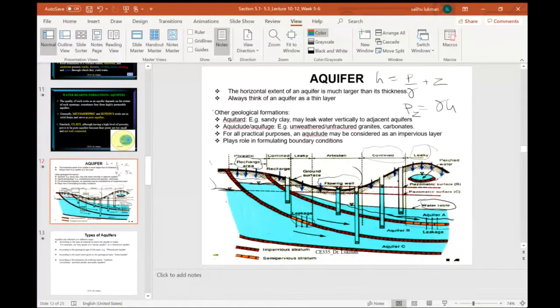And this is also the recharge area for the unconfined aquifer. This is a leaky aquifer because water can pass through the impermeable layer.